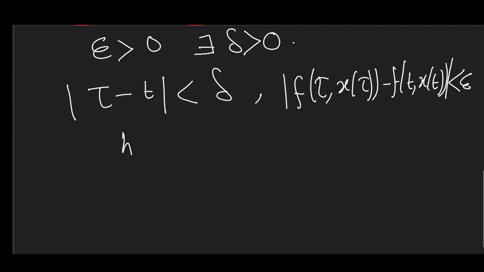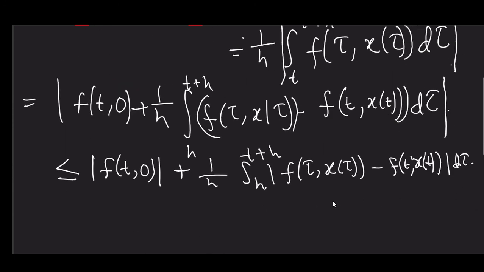So for all h a vanishingly small number, so h less than delta, we can show that this whole thing, this second part, this one is less than epsilon.